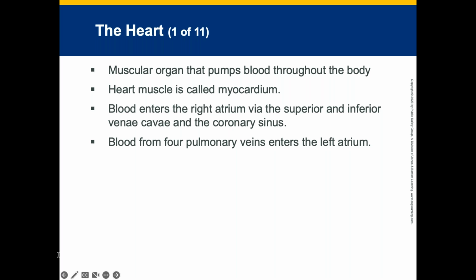So Beck's triad, okay? The pericardial tamponade is an increased fluid in the sac, right? Causing the heart not to pump correctly. It's called Beck's triad. The first thing you're going to see is jugular vein distension. The second thing is muffled heart sounds. And the third thing is what they call narrowing pulse pressures.